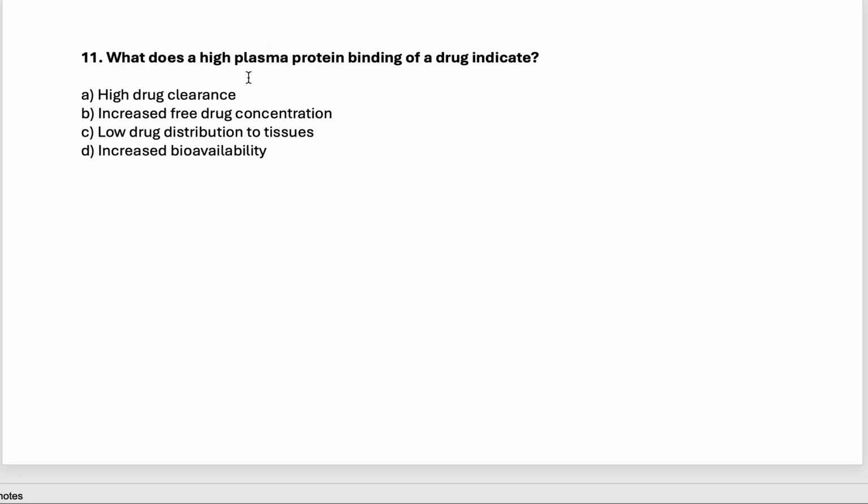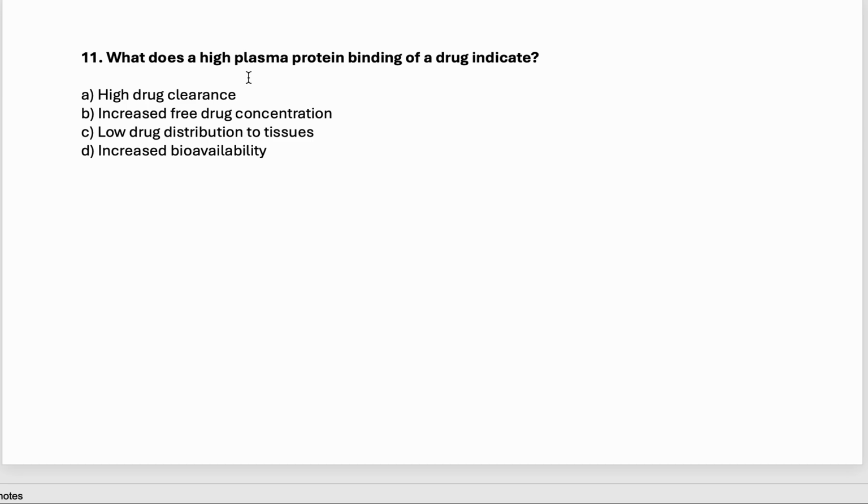So if the drug is binding too much to the plasma, it's less distributed. If it's less distributed, it might not reach the target.